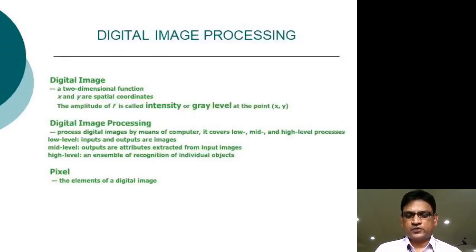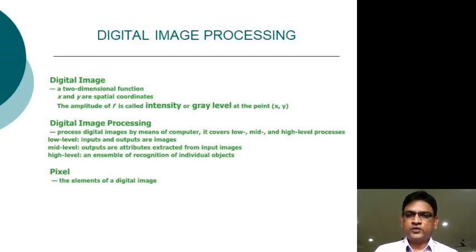Digital image processing. So first let us understand what is a digital image. A digital image is a two-dimensional light intensity function f(x, y), where x and y denote the spatial coordinates, and f at any coordinate value x and y will denote the intensity or gray level or brightness value, or in simple words we can call it an amplitude also.